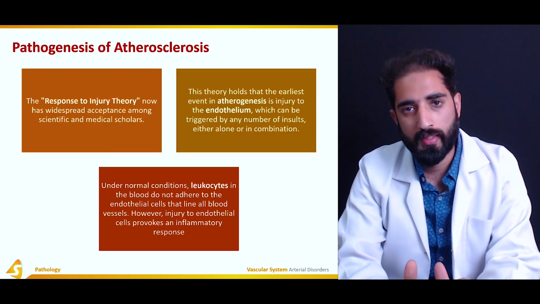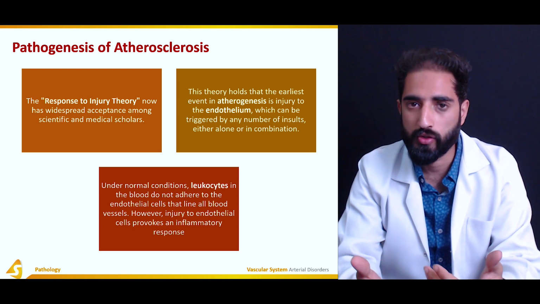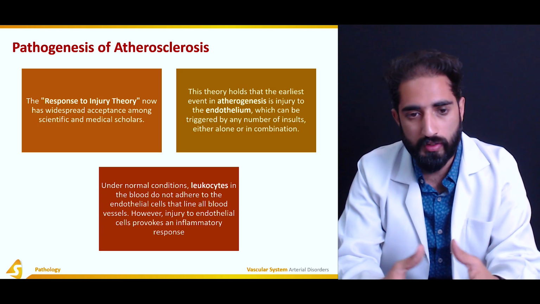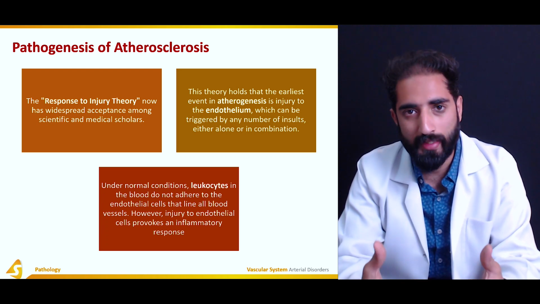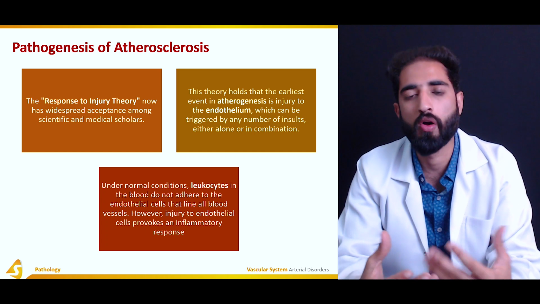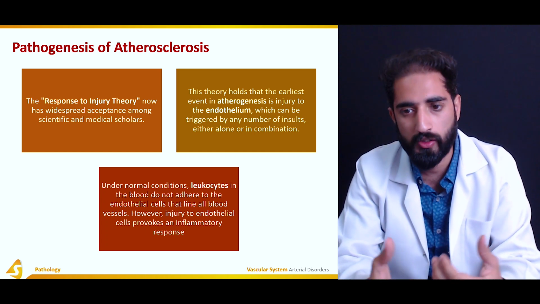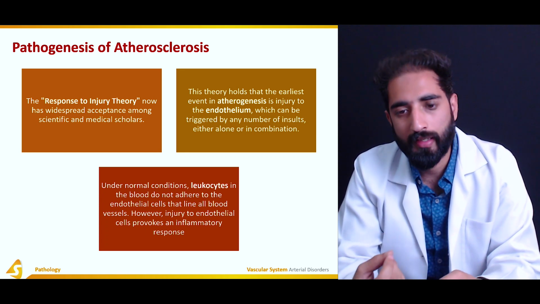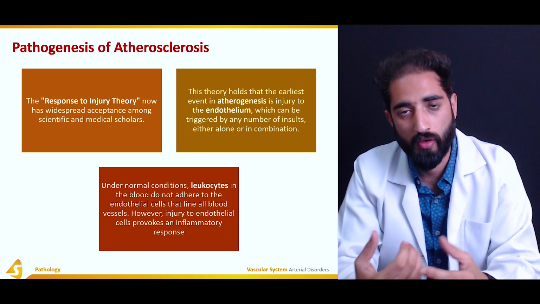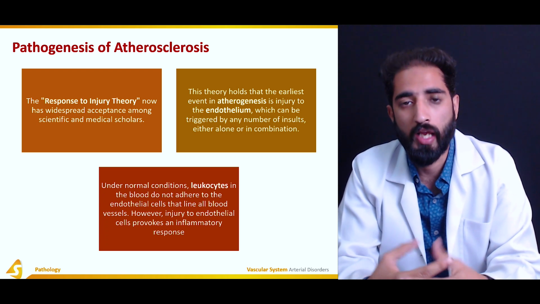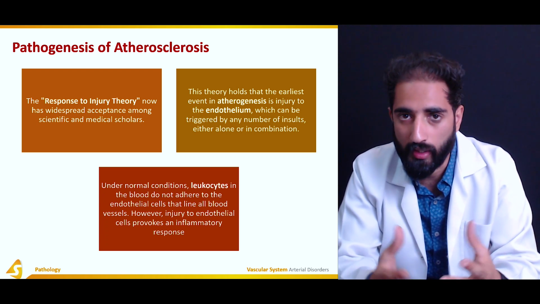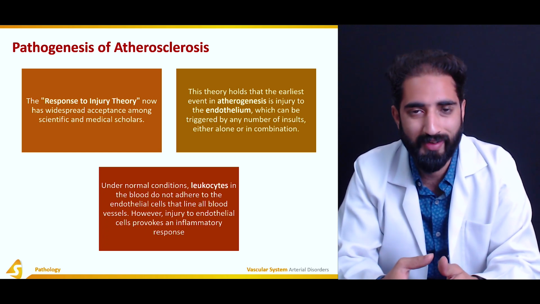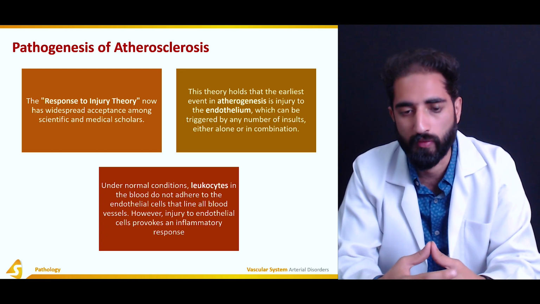Now, pathogenesis of atherosclerosis. There are different theories which are present, but the most well-known and widely accepted theory is the response to injury theory. This theory specifies that the earliest event in atherogenesis is injury to the endothelium in the tunica intima, which can be triggered by a number of insults, either alone or in combination with each other.